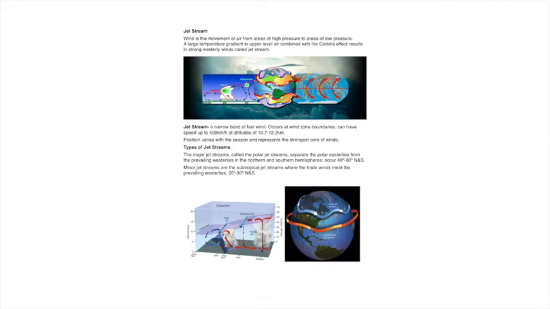As the air rises, it bunches up air in the upper atmosphere. Whenever you have this air up in the upper atmosphere and the earth is also spinning, you end up with a very fast upper atmosphere beam of air.